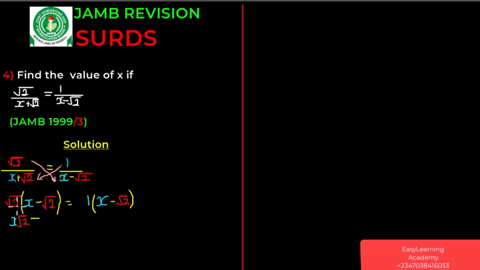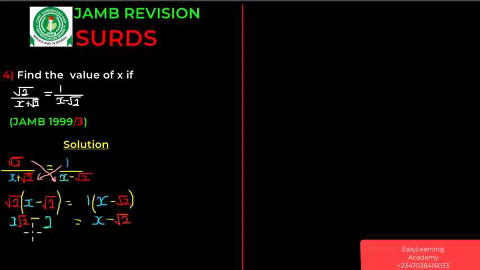And the square root of 2 times square root of 2, that will be 2. All right, so we've been able to open up that one, and then let's get to the next one. The next one is 1 times everything here, everything remains. That becomes x minus square root of 2. Everything there remains.